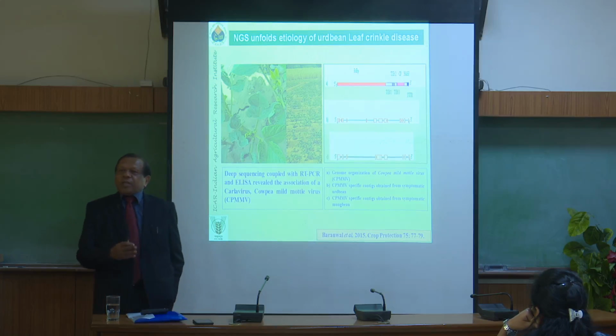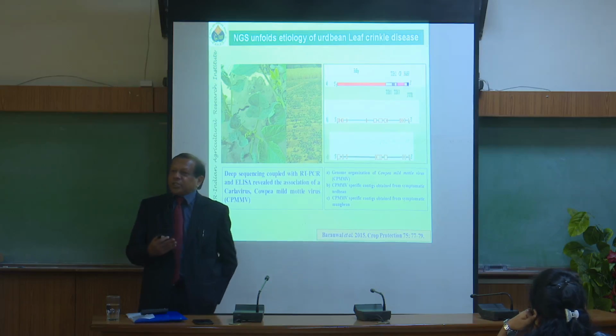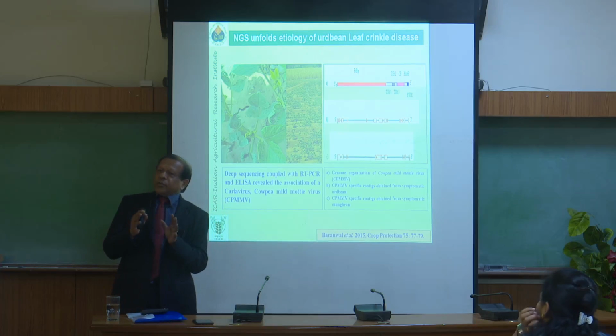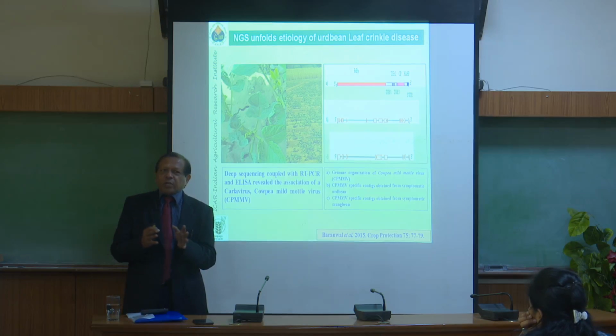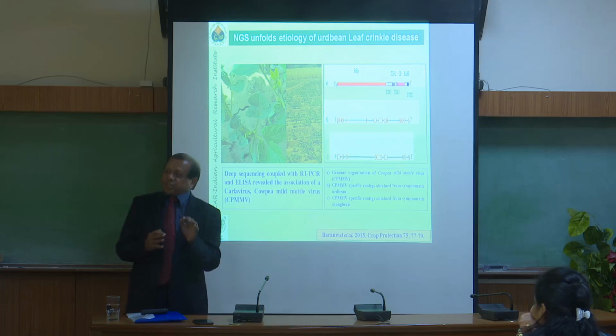But still it is not very clear, because unless we really prove the pathogenicity, be careful, when you do deep sequencing or next generation sequencing, you are merely seeing the association of the causal agent. You are not sure whether it is the cause of the disease or not actually. Okay?